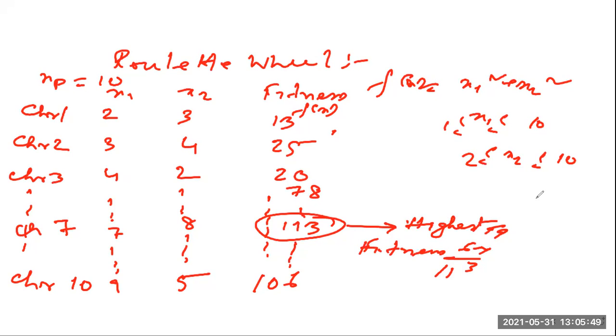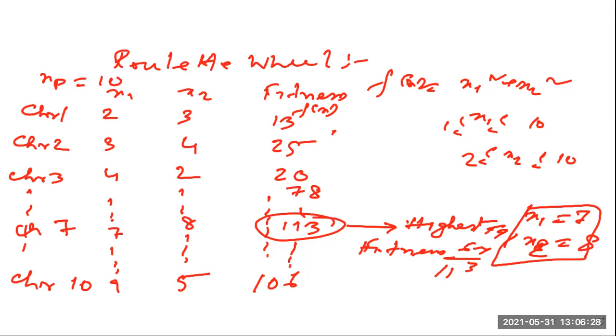In the next generation, the chromosome which will be selected is X1 equal to 7 and X2 equal to 8. So this will be your set of chromosome with the X1 and X2 values, which will actually enter into the next population or the next generation. Is it clear? If there is any doubt, please tell me.